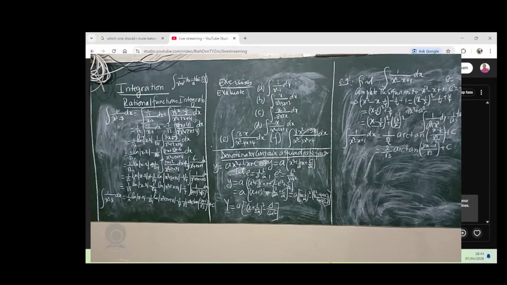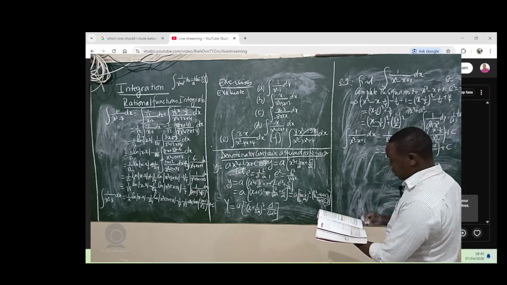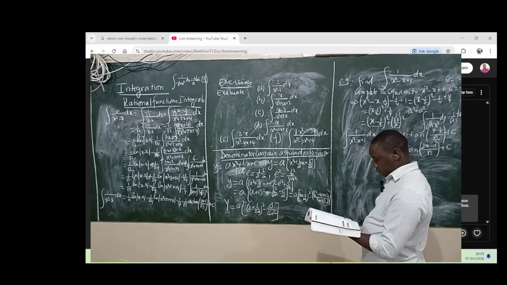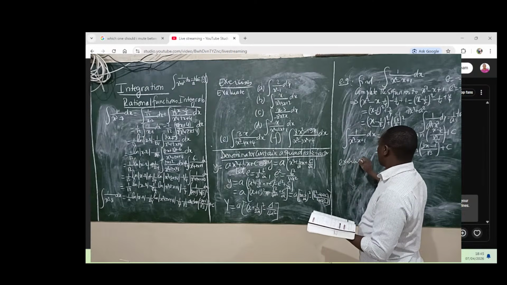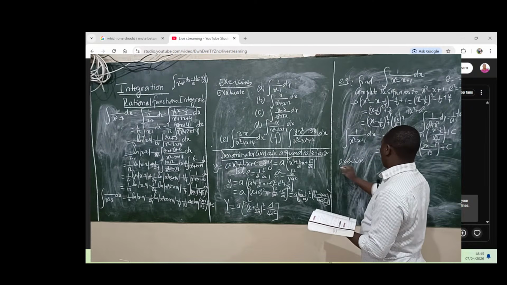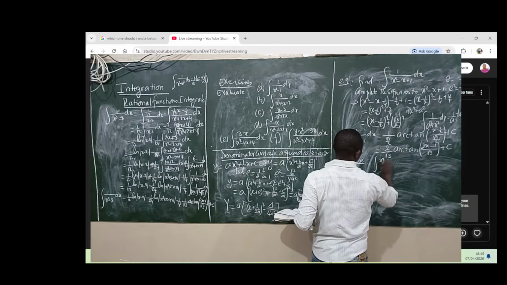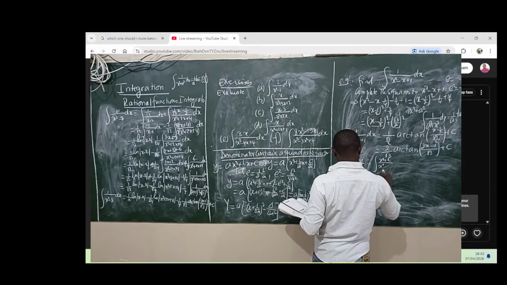Let me give you some exercises about this. The integral of the square of x plus 2 by the cube of x minus 1 dx.